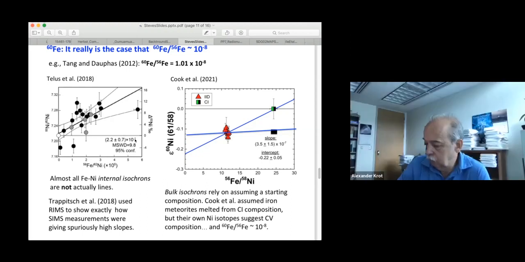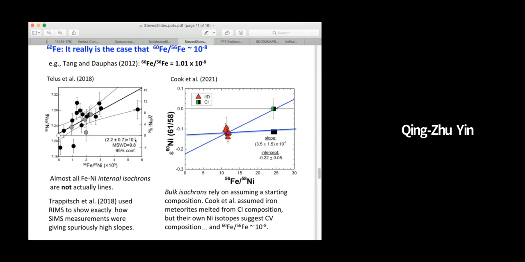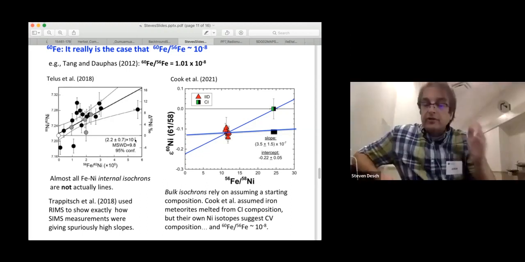Both of them are in the CC family, and they argued it should be a carbonaceous chondrite precursor. But how do we know it's CI versus CV? Are there isotope anomalies that suggest a linkage? I don't think they could justify picking CI. I think they were wrong to do that. In fact, if you look at the nickel isotopes that they measured, it's a better match to CV.